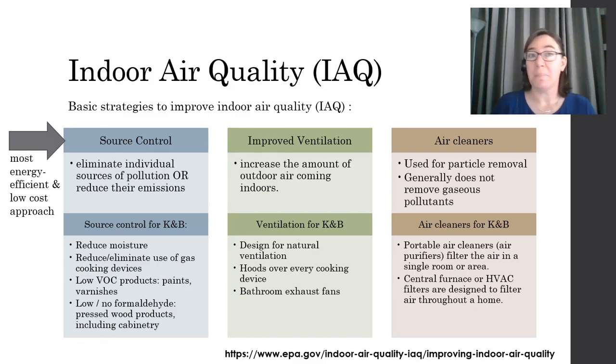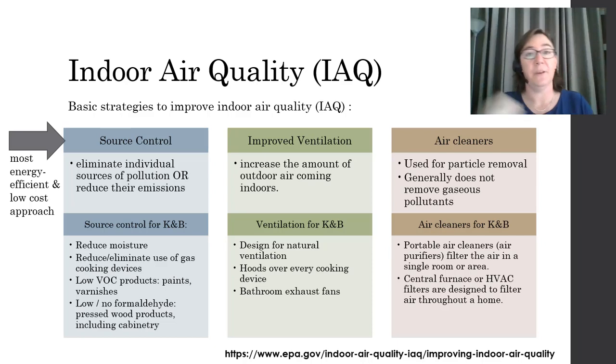There are 3 basic or major strategies to improve your indoor air quality, and they are source control, improved ventilation, and air cleaners. Source control is going to be your most energy efficient and low cost approach. Basically, you're going to eliminate some sources of pollution or reduce their emissions.